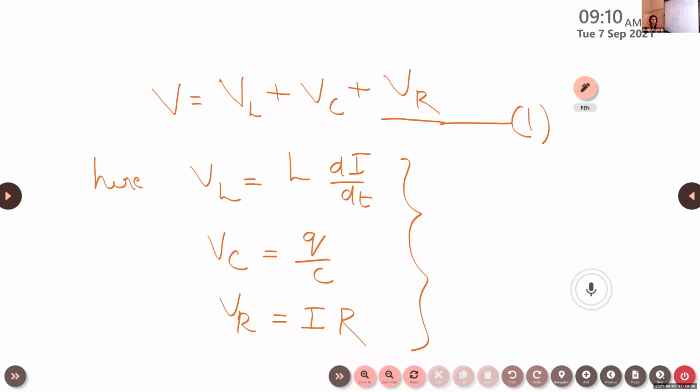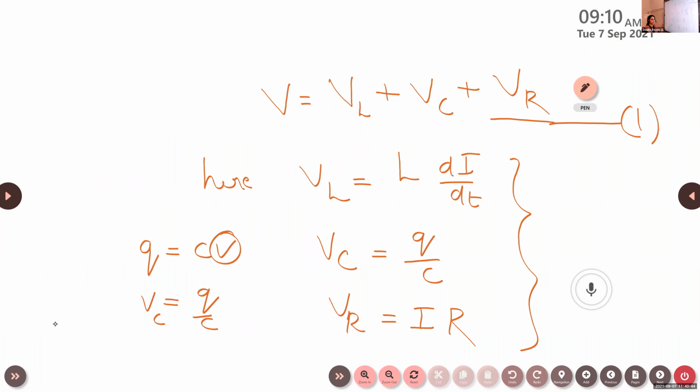The second one, VC is equal to Q by C. This expression is derived from the equation for a capacitor, Q is equal to CV. From that, we get the expression for voltage, V is equal to Q by C. So the voltage developed across the capacitor is V is equal to Q by C. The last expression is for the resistor.